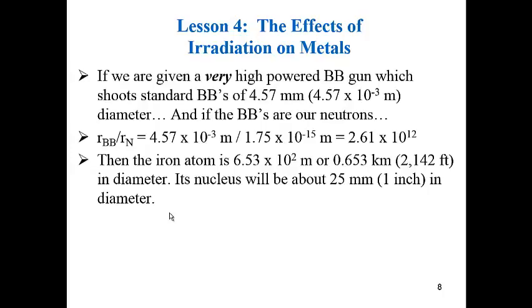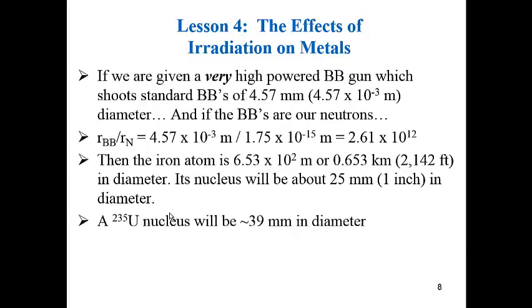So we're going to talk now about the interactions of this little BB with a 2,000-foot ball, or a neutron with an atom that has a very tiny nucleus. So the nucleus of any atom is extraordinarily small, 1 inch in a 2,000-foot ball. So that's the scale I want you to keep in your mind.